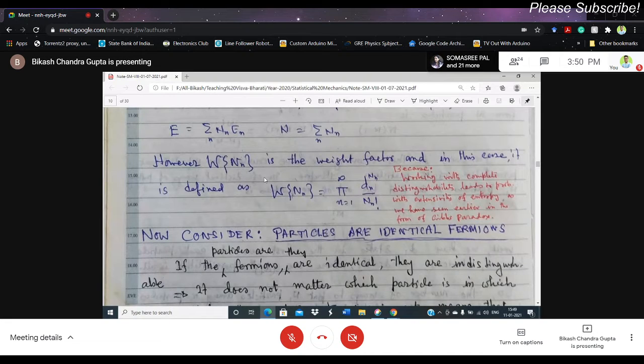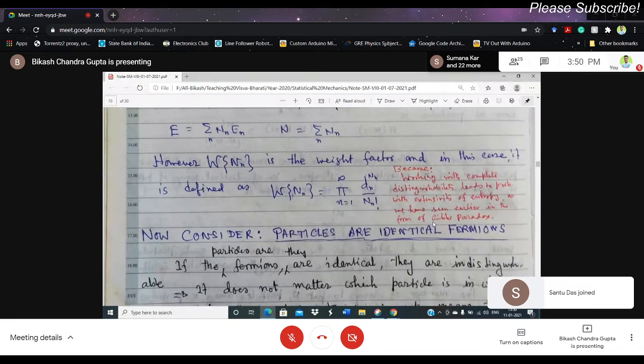So remember this, okay? This is the weight factor for a set of distribution of particles. Working with complete distinguishability leads to the problem with extensivity of the entropy, as we saw earlier in the form of the Gibbs paradox, which I just mentioned here.